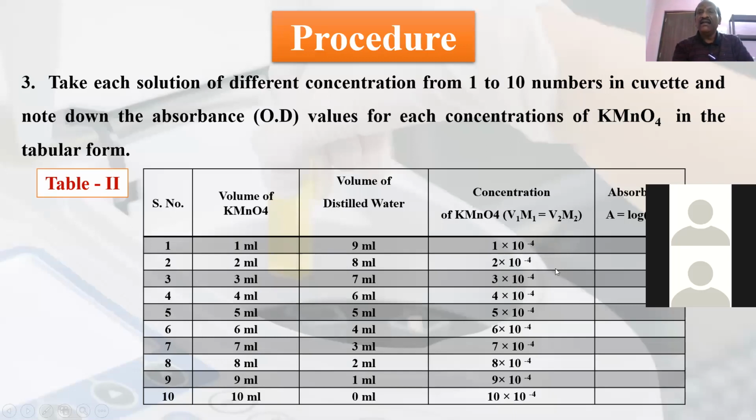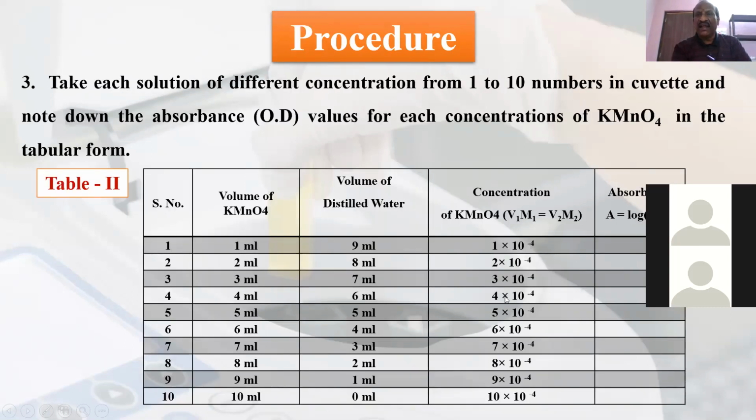After that, this solution we will take in the cuvette, and then we will take the optical density or absorption value. That value we will take here. Like this, by doing the experiment, we will get different OD values at different concentrations.